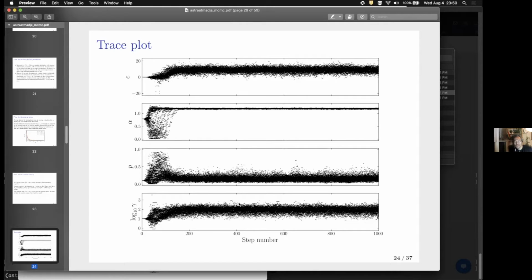It's just to ensure that the steps have already forgotten about their previous memory. So we run it for quite some time. 500 steps is probably already enough. But if we have too many samples, we can thin the sample by a factor of 8, for example, or by a factor of 10, so we only have a few representative samples.